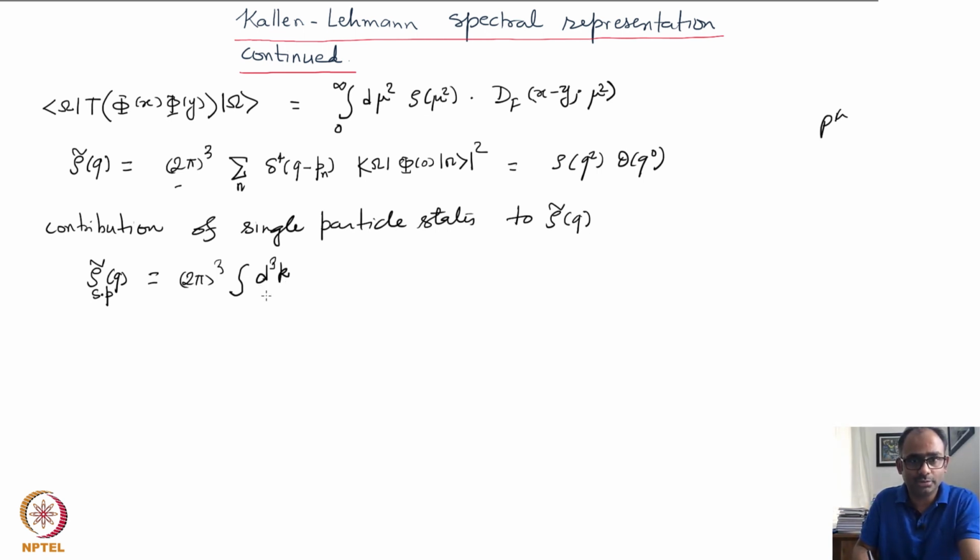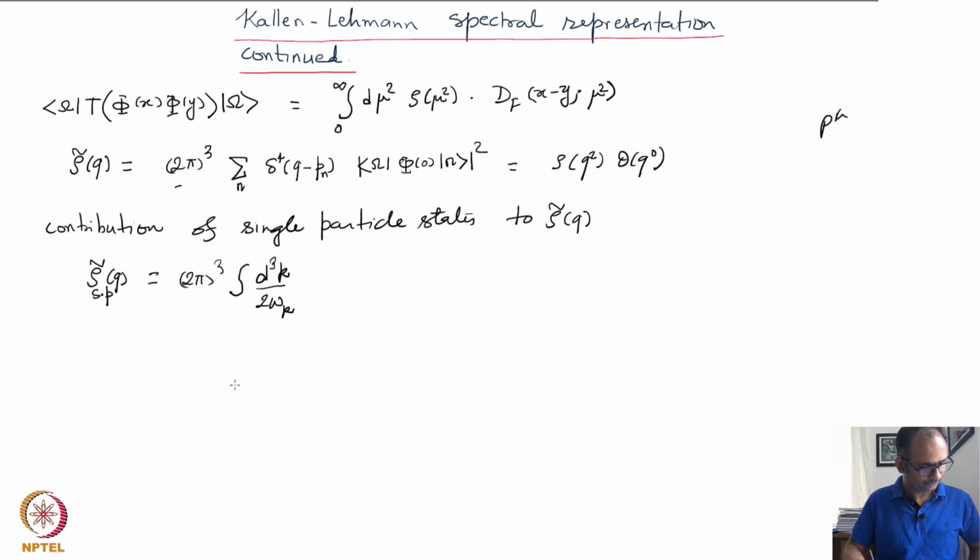No factor of 2 pi cube. You remember we had long back discussed that this is the appropriate measure for single particle states, because the label n is not discrete; single particle states have continuous momenta. So you have an integral, and this is what gave you the correct measure.